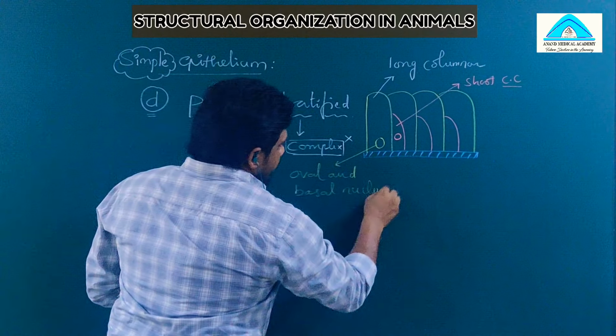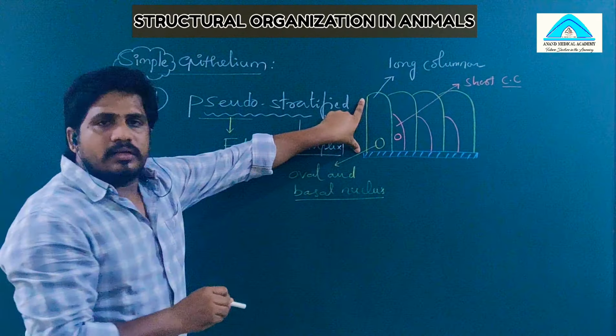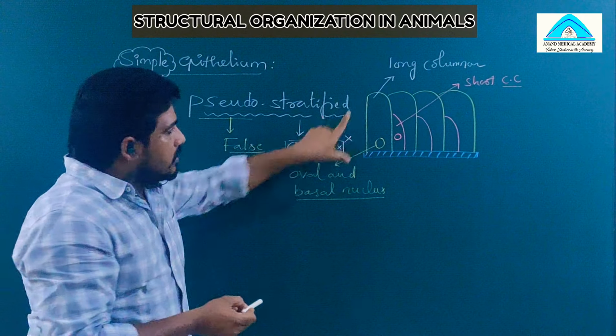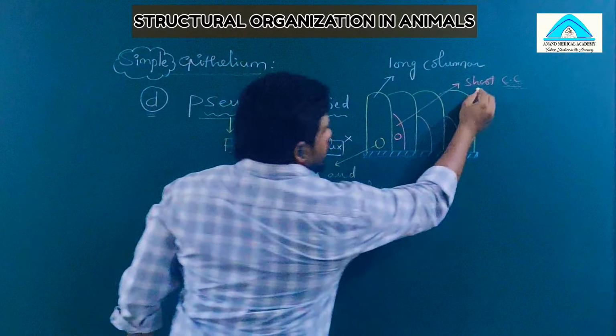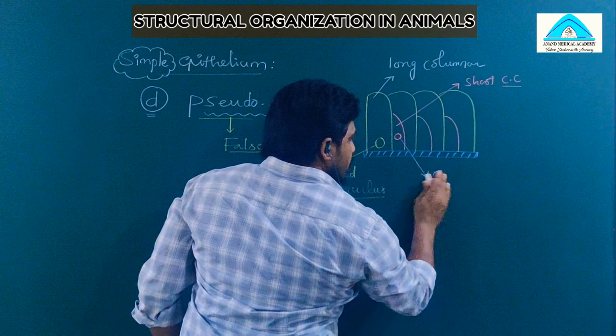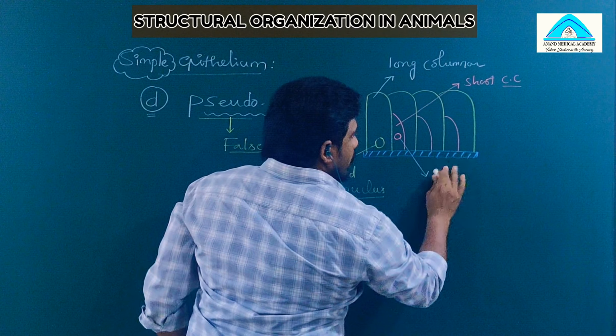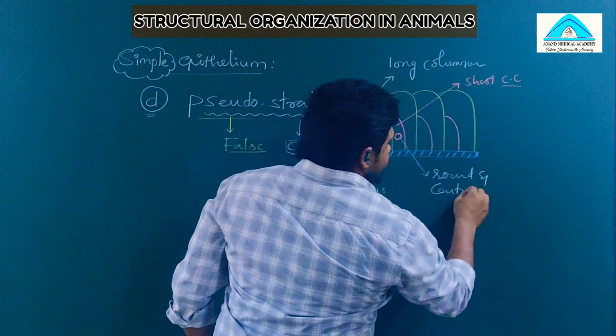The nucleus is single in both cases, but in the long columnar cell the nucleus is oval and at the bottom, whereas in the short columnar cell the nucleus is central and round. This is the difference.